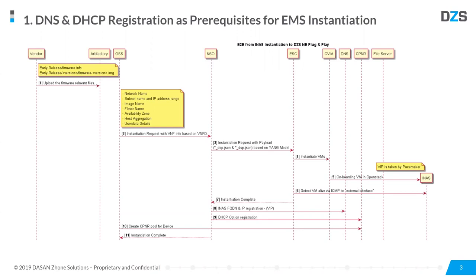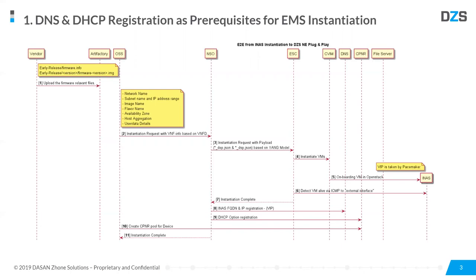The first step of the PMP starts from the OSS triggering the INAS instantiation. But before INAS is instantiated by OSS, the vendor, it means Dasan, should share some firmware to the Artifactory to let it be used for the flow switch during the plug and play procedure.